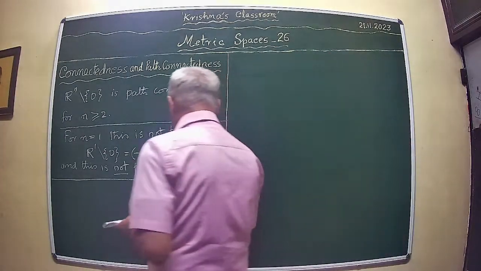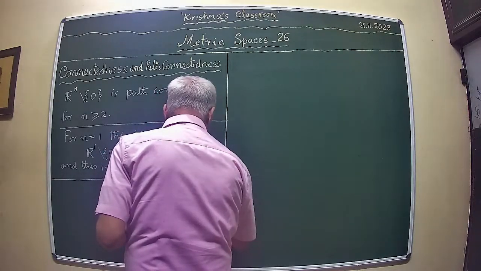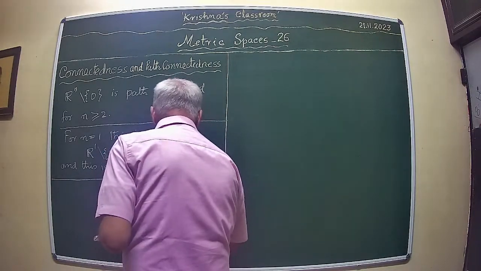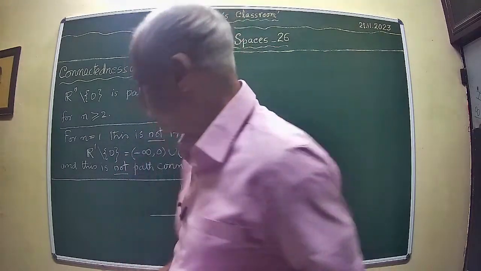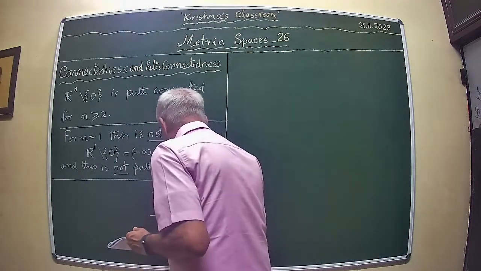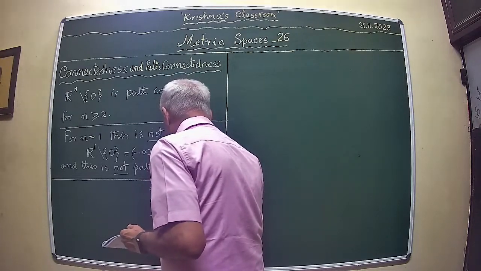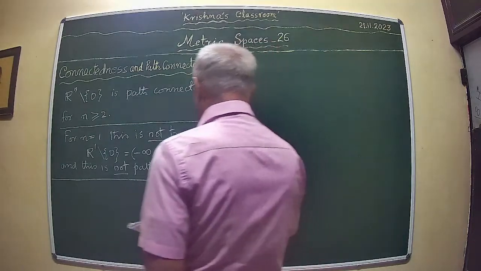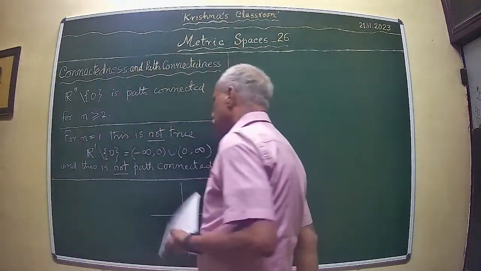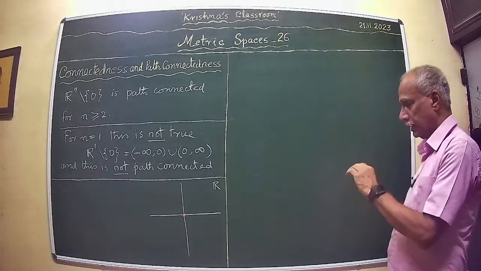For instance, it's quite visible. If you take R2 and puncture it by deleting 0 from it, delete this point, 0, then the rest of the space is path connected.